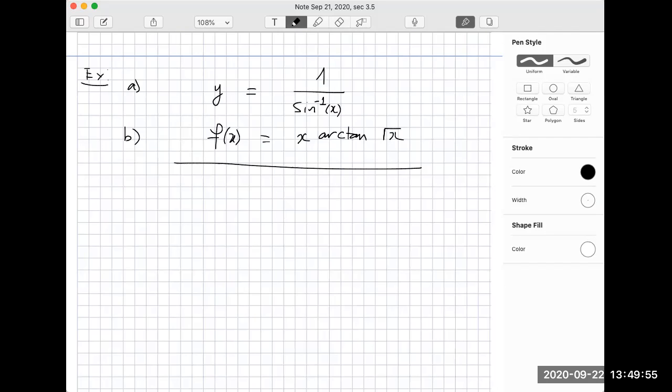Okay, this is the question. And what we need to do is to find d over dx.